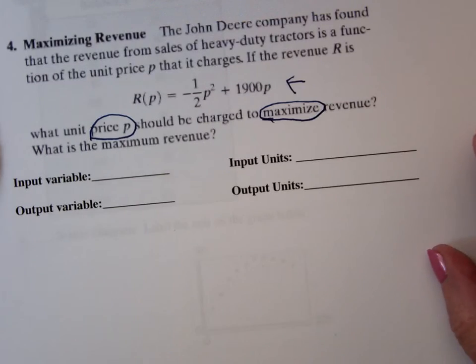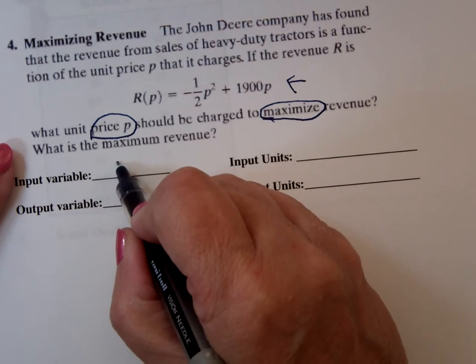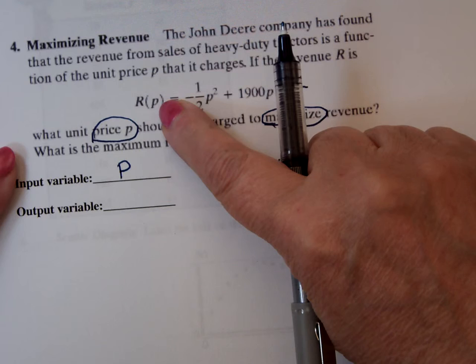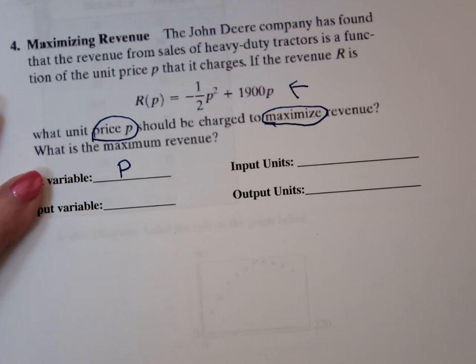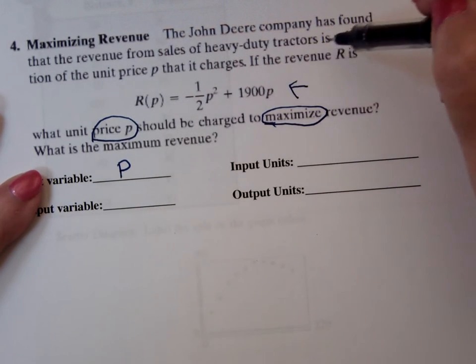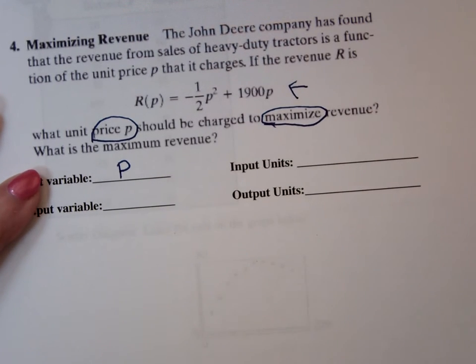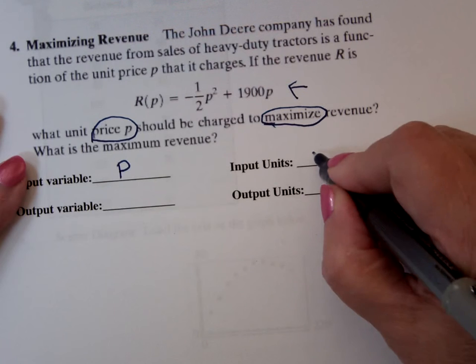If I look at the input variable, it is P, because that's what's inside the parentheses, and the units are dollars, because it's price.